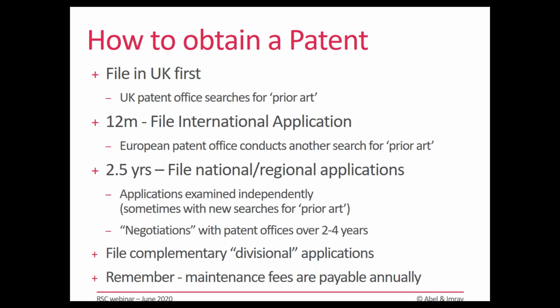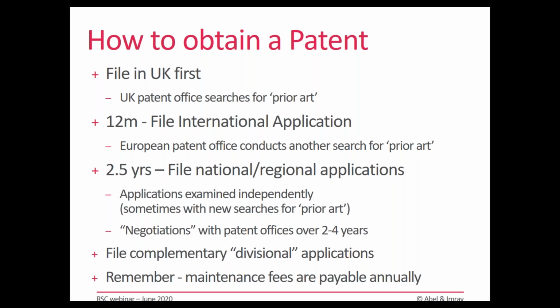Then the next big decision comes at 2.5 years from your initial UK filing, so that's from your filing date. This is when you need to decide which countries you want patent protection in. I said that the international application is like a bundle of options. At this 2.5 year stage, you actually need to decide which countries you want to seek patent protection in.